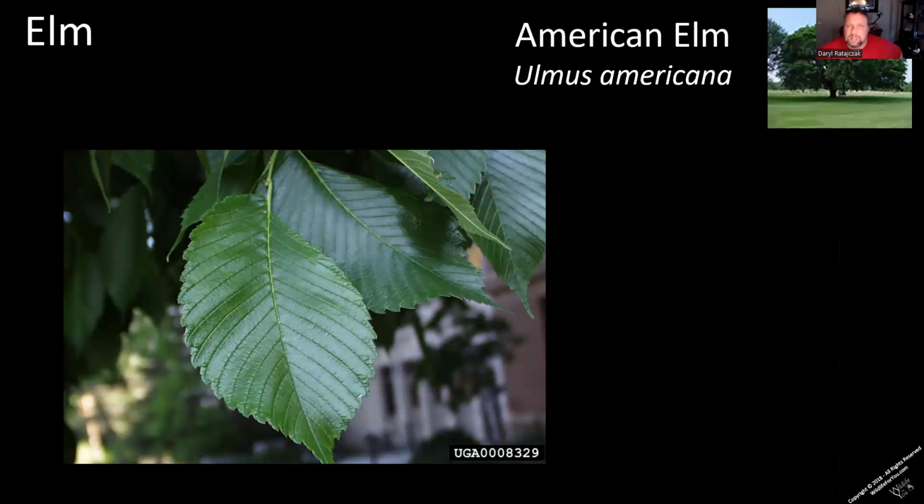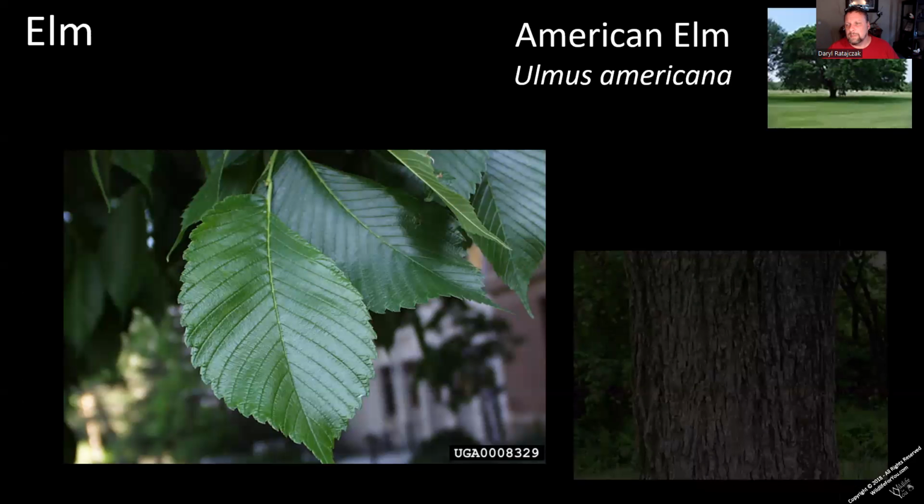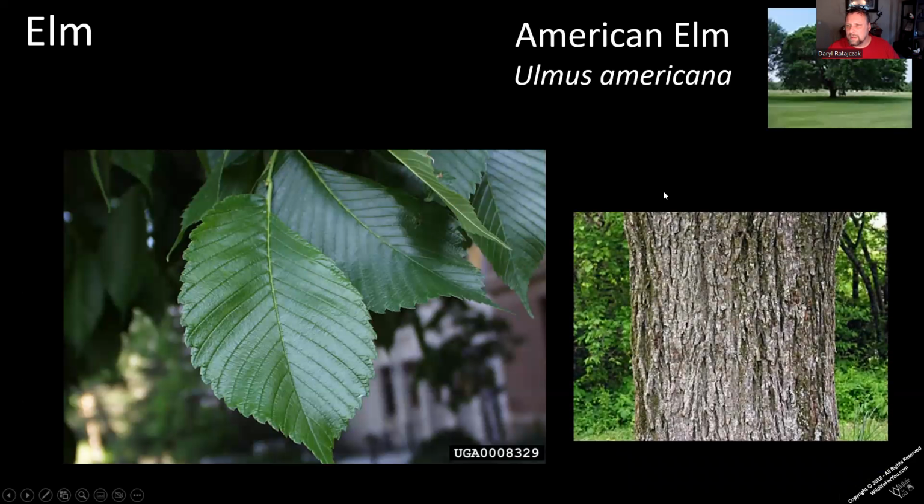Certain species of elm are coarser or rougher than others, but the elm leaf is awfully rough, and if you do feel it, it will feel like you're rubbing sandpaper. Their bark is not very telltale. So once again, I usually use the leaf to help identify this tree.